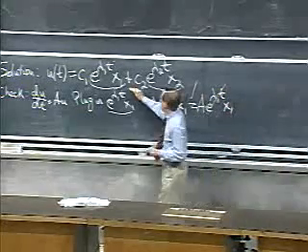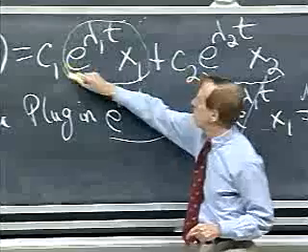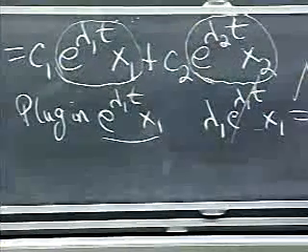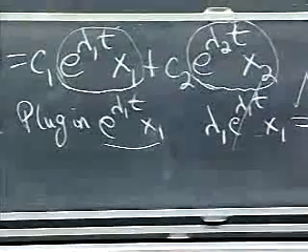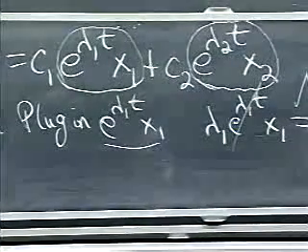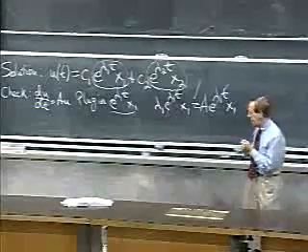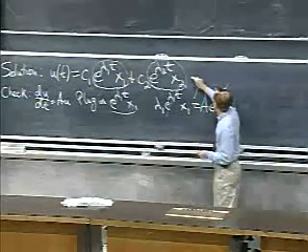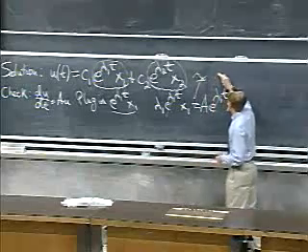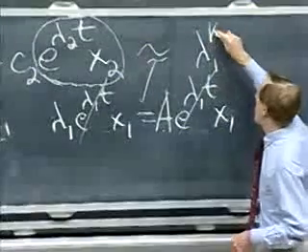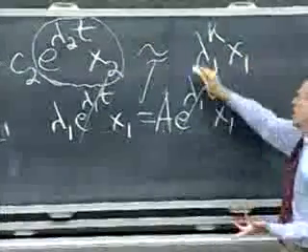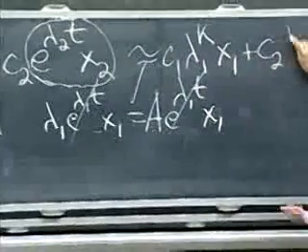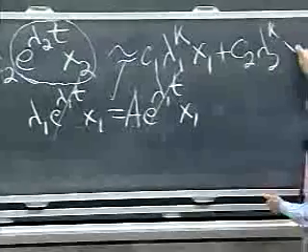So we've come to the first point to remember. These pure solutions, those pure exponentials, are the differential equations analog of what last time we had, pure powers. Last time, the analog was lambda 1 to the k-th power x1, some amount of that, plus some amount of lambda 2 to the k-th power x2.